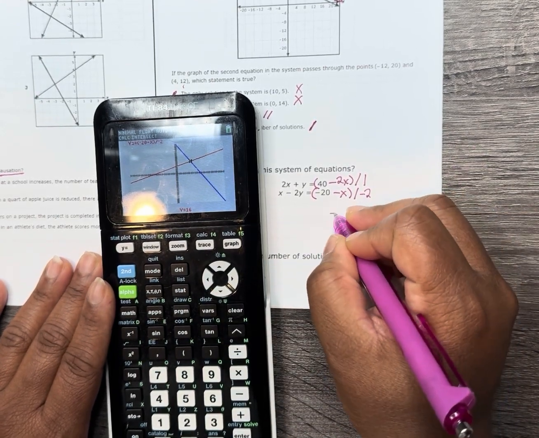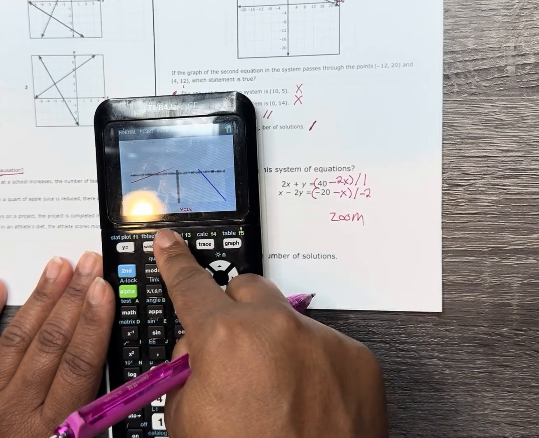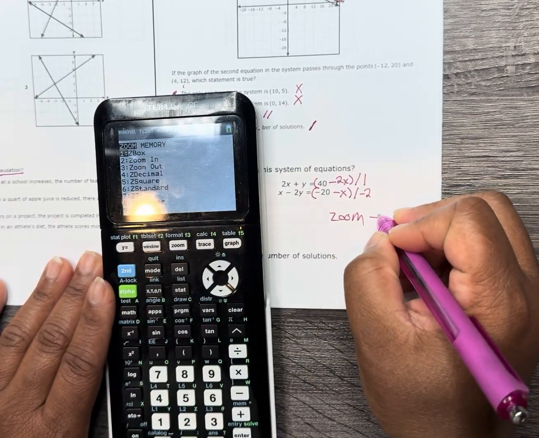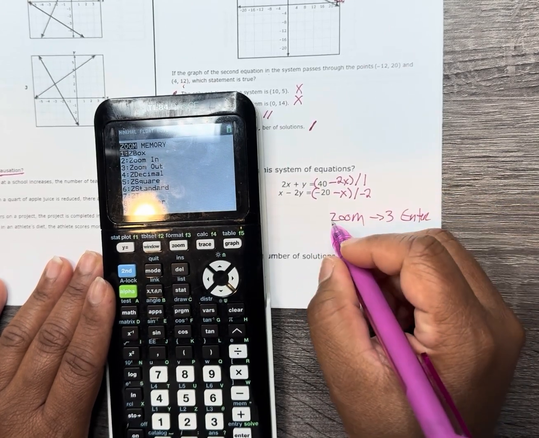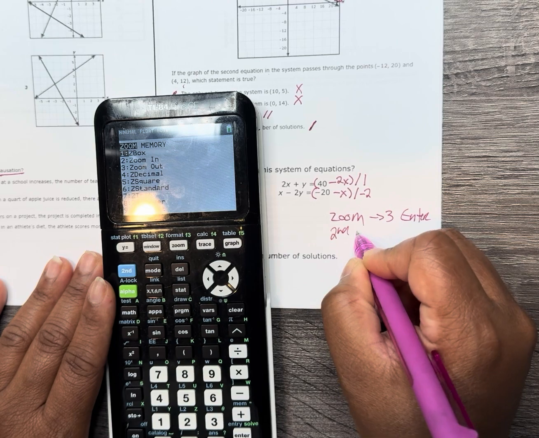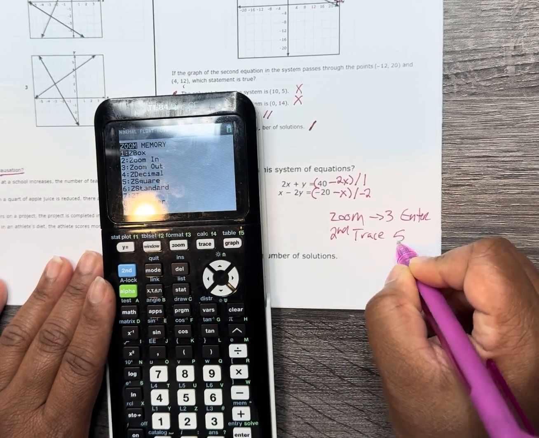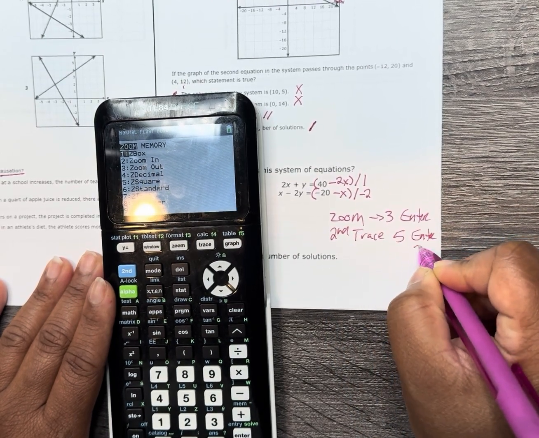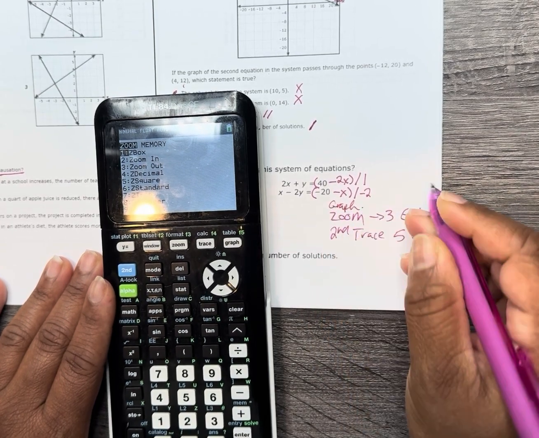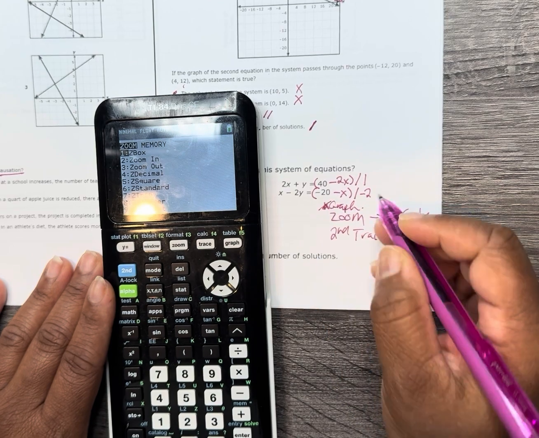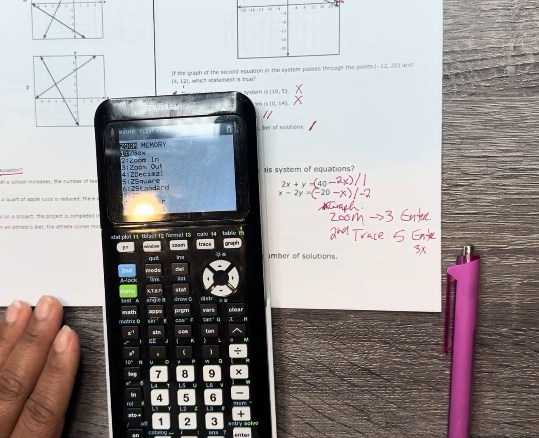So here we zoomed, right? We pressed zoom and 3, enter. That was what we had to do here. And then we press second, trace, 5, and enter 3 times. Before we did that, we pressed graph to see what we see. Because sometimes you've got to press graph so you can even see if there's a problem.